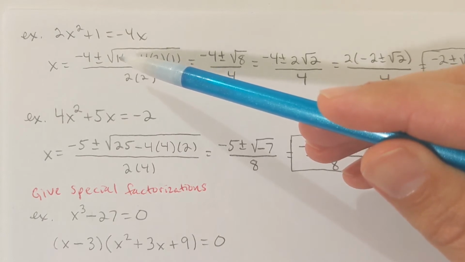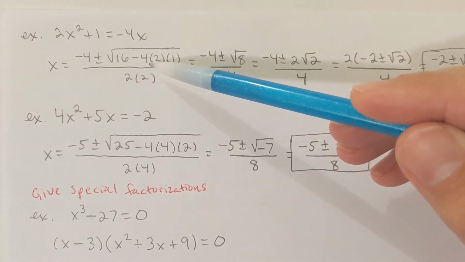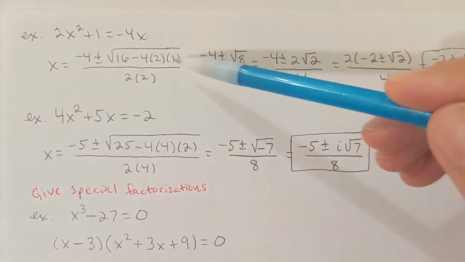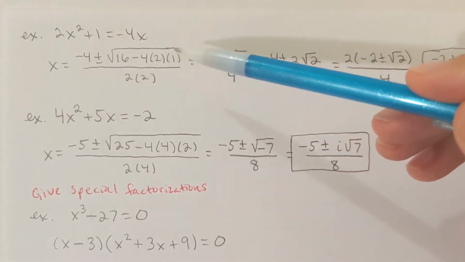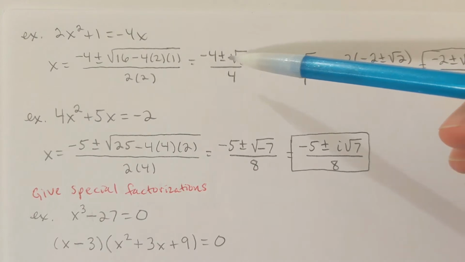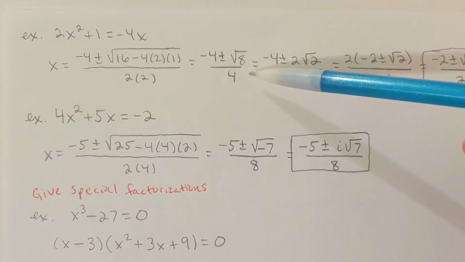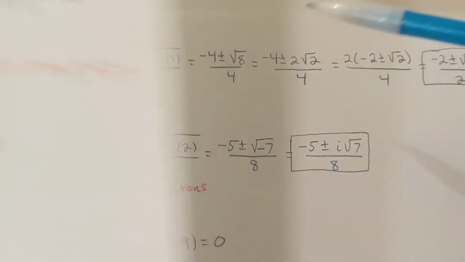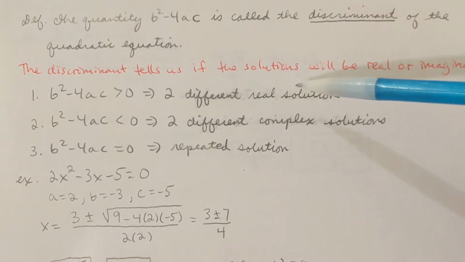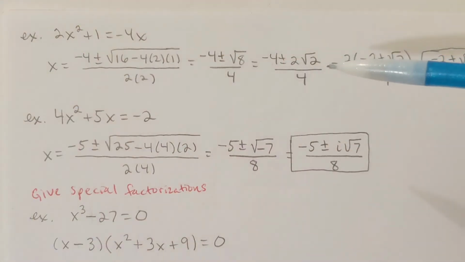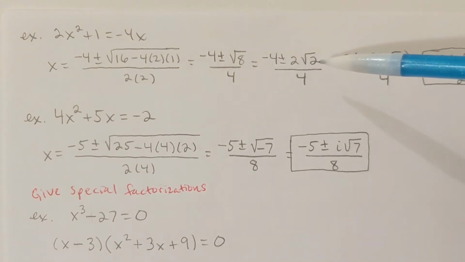By the way, when you square b, you're always going to get a positive. Minus 4 times a, which is 2, times c, which is 1. And this is all over 2 times 2. We get negative 4 plus or minus the square root of 8 all over 4. The square root of 8 is a positive, and so that tells me I have 2 different real solutions.